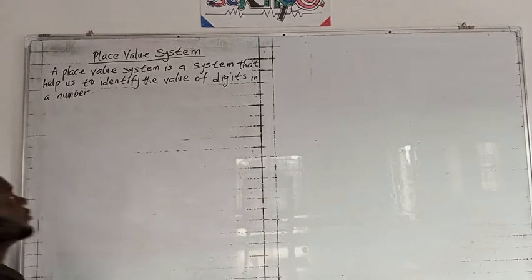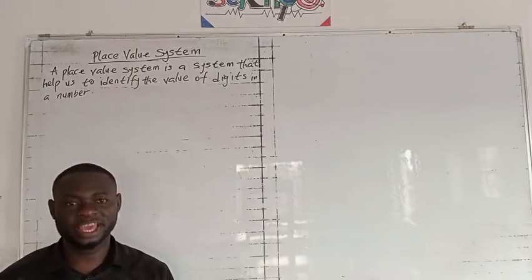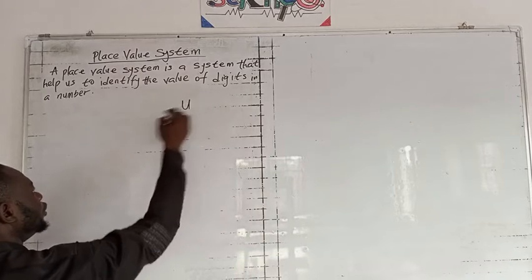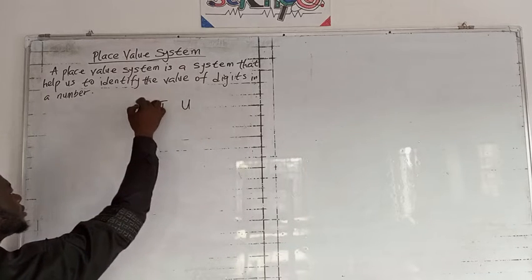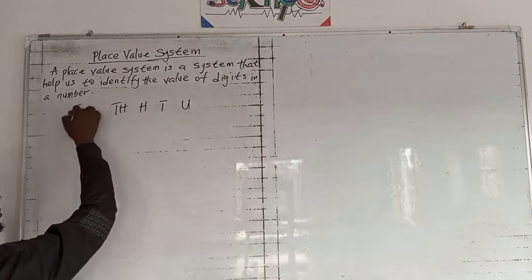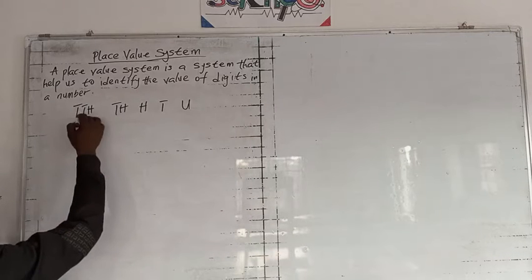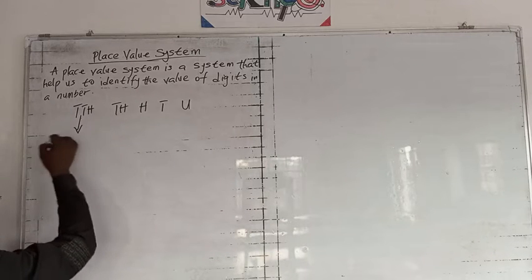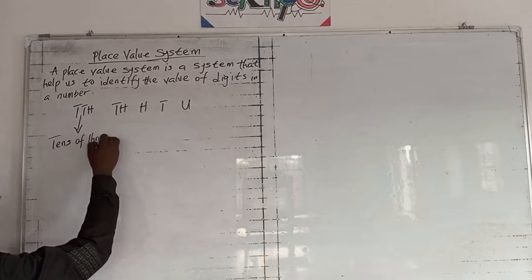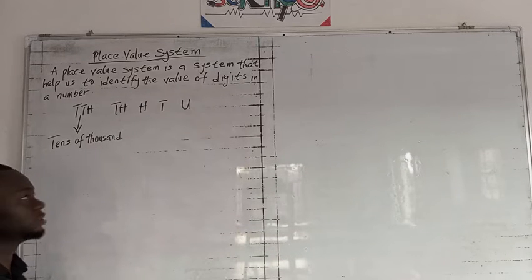Now, for our level, we are going to consider the place value system from units to tens of thousand. So we have the units, tens, hundreds, thousand, tens of thousand. The TTH is pronounced tens of thousand.